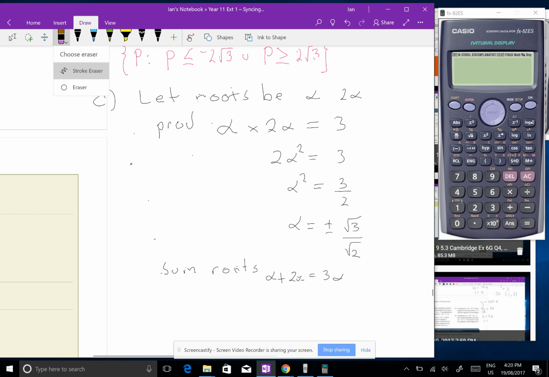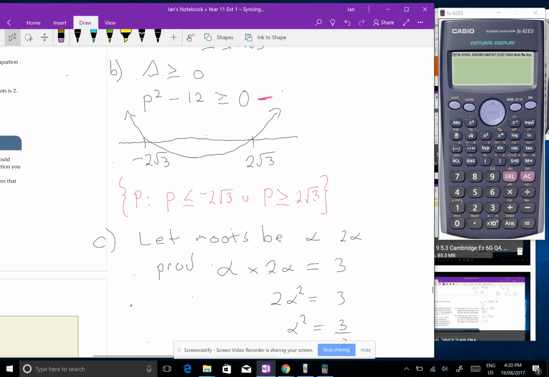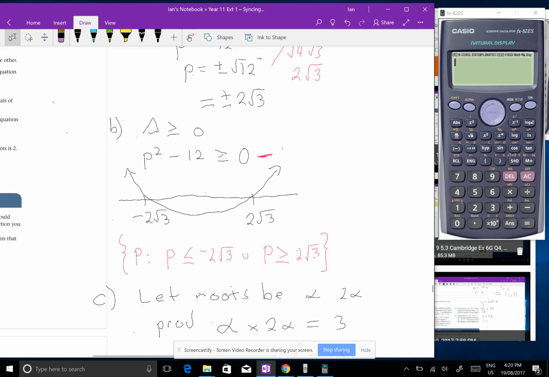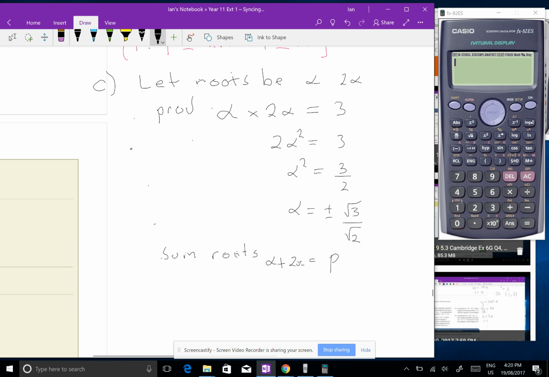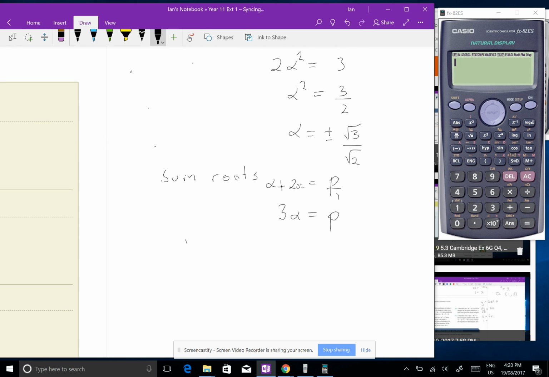Oh, hold on. And if I look up here, that's going to be p on 1. So 3 alpha equals p. Well, we know what alpha is, so therefore p equals plus or minus 3 root 3 over root 2.